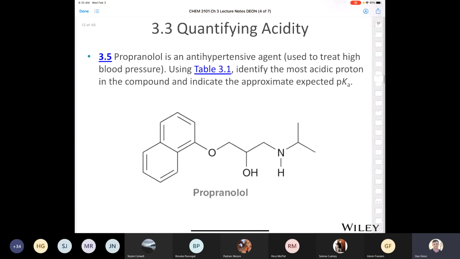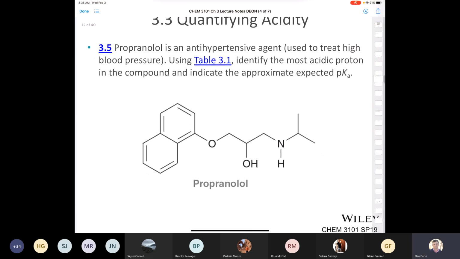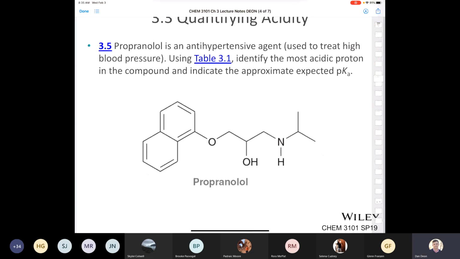Anyhow, can anybody just kind of figure this one out, or did anybody take a look at this one? Could anybody tell me what do you think might be the most acidic proton in this compound?